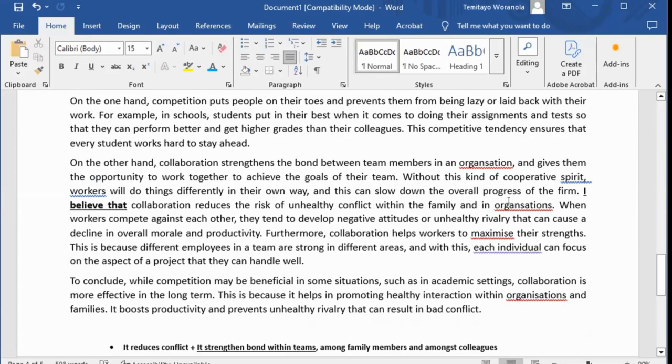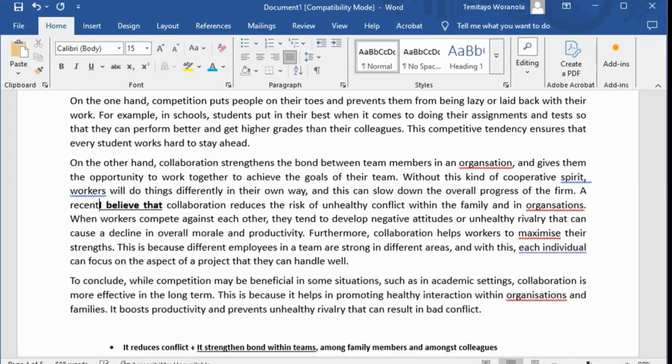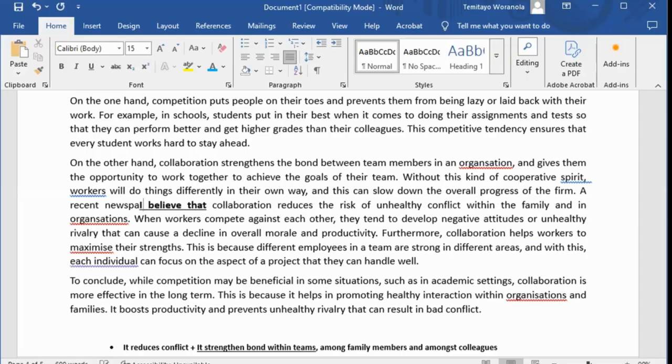So here I wrote that what? Without this kind of cooperative spirit, workers will do things differently. Okay. A recent newspaper report, let me put it this way.